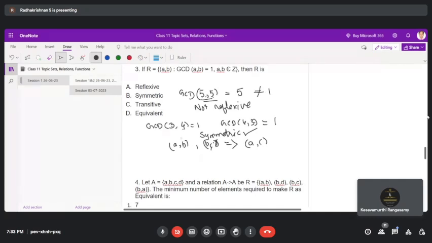Let us take this simple example. 3 and 4 is appearing. Then 4 and 3 is appearing. So what does it imply? It should imply that 3 and 3 should also be there in the relation. Is 3 and 3 there in the relation?